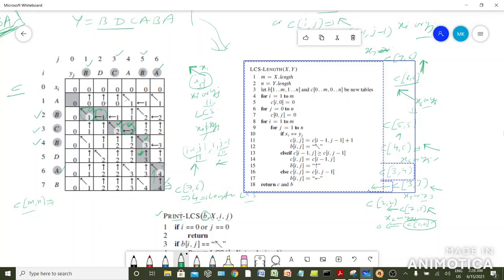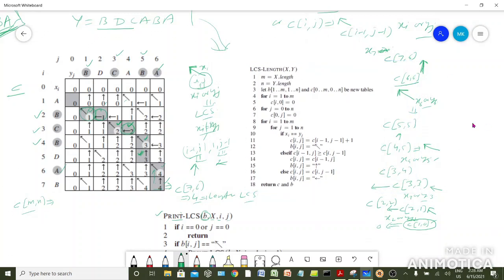While understanding this LCS algorithm, I told you to leave this part. Now it is time to understand it. So we initialize B from 1 to M and 1 to N. Whenever xi is equal to yj, we put a diagonal arrow.